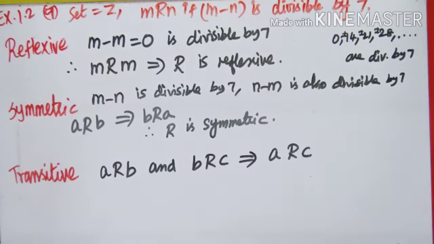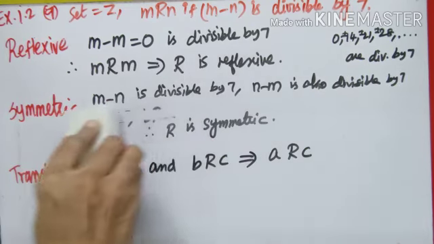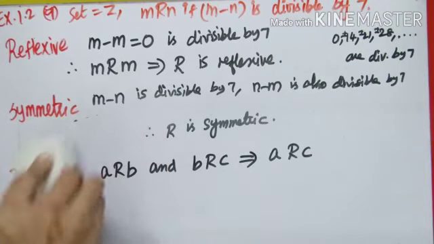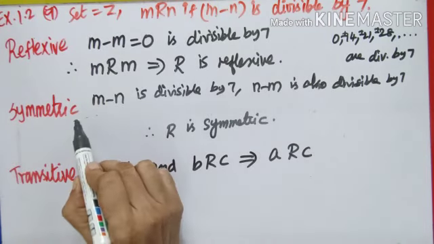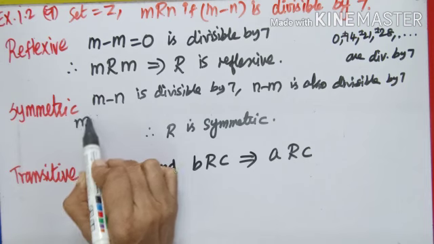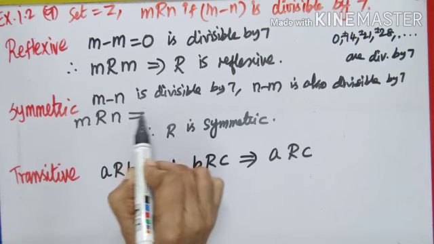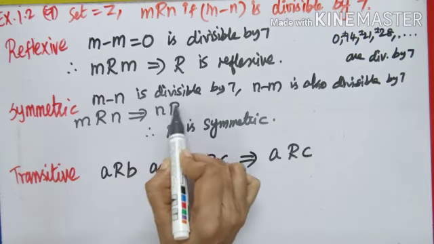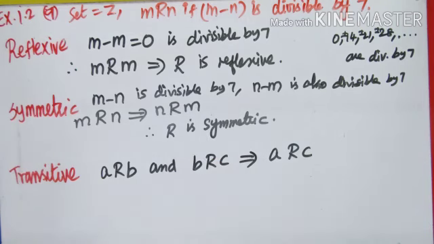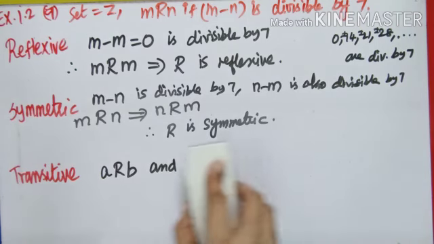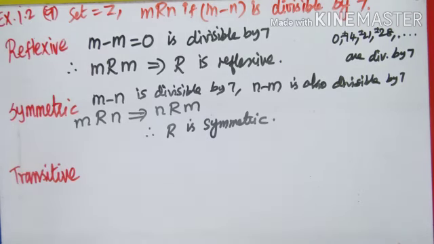Therefore, I can say whenever m is related to n, I can also say n is related to m. m related to n implies n related to m. Therefore, R is symmetric.